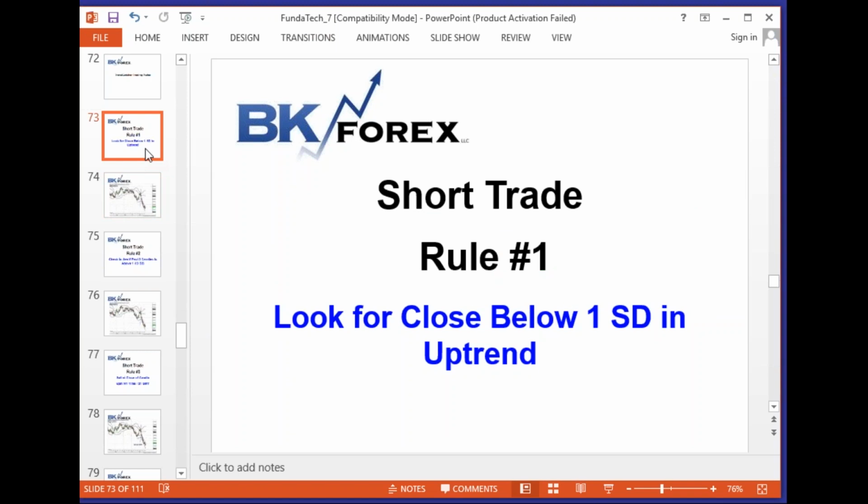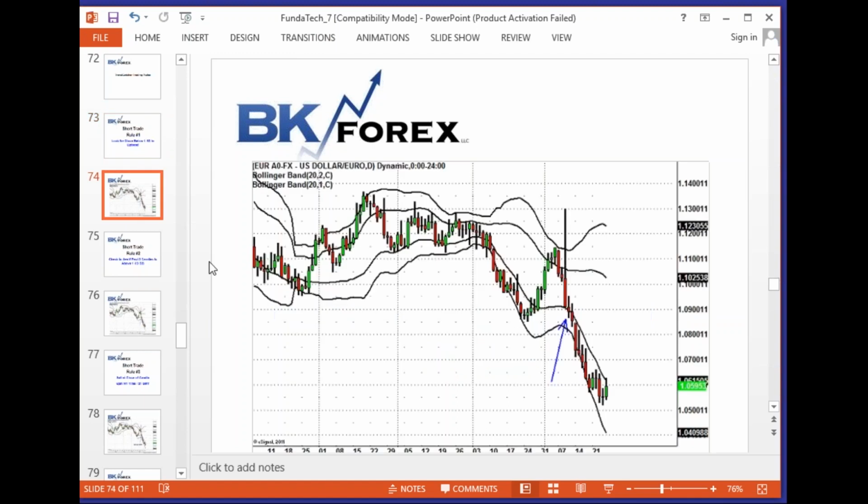So let's imagine the currency pair is selling off. So you want to look for it to move below the first standard deviation Bollinger Band. So here, in this example, you basically see dollar yen selling off, selling off, selling off. And then it moves, previously we said that if it breaks above the first standard deviation Bollinger Band, then it's time to pick a top and bottom.